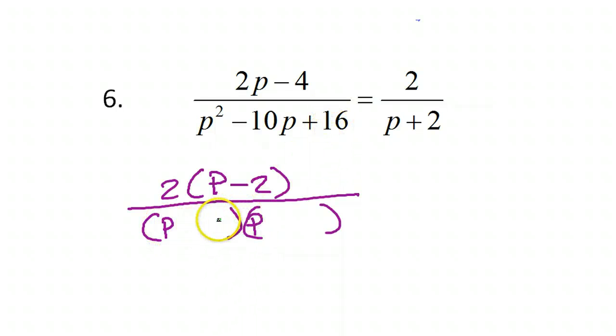Now 16, the first thing that comes to mind is 2 times 8. Inner plus outer must equal middle. Inner, I have 2p. Outer, I have 8p. I'm shooting for a middle of negative 10p. I can get that if both of these are negative. And that will give me positive 16 because the negative times the negative is positive.